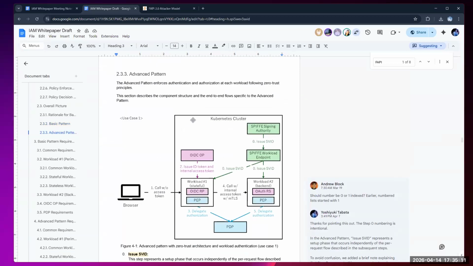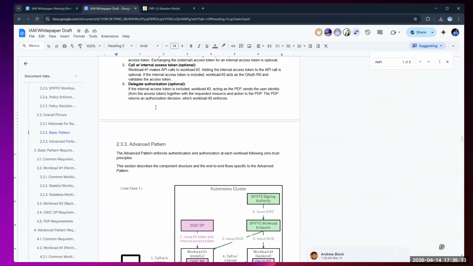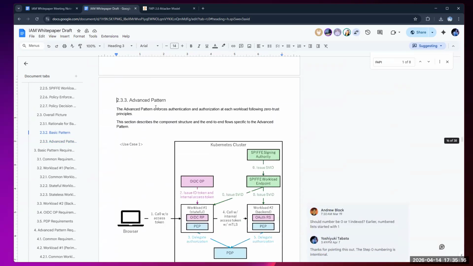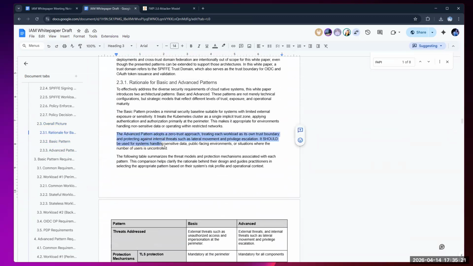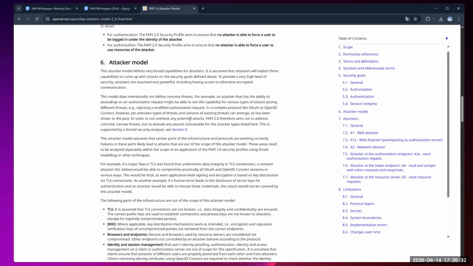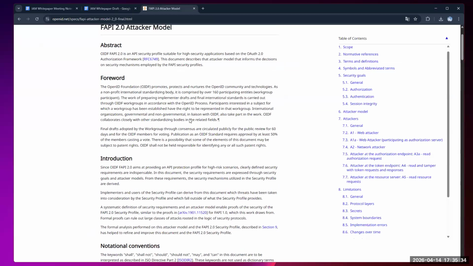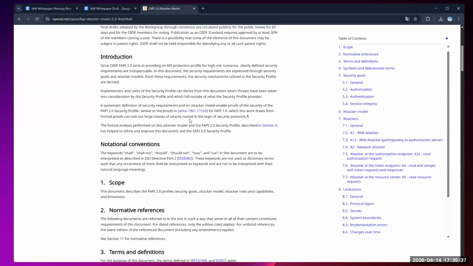Yeah. The one thing is this expression: the advanced pattern should be used for systems handling sensitive data. The sensitive data is part of the scope of FAPI 2.0, in my understanding. So we need to consider it according to the FAPI 2.0 security profile.